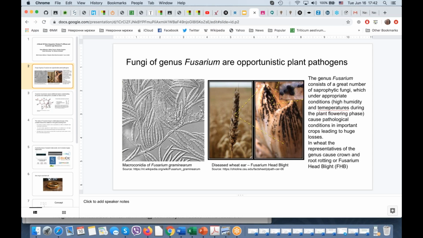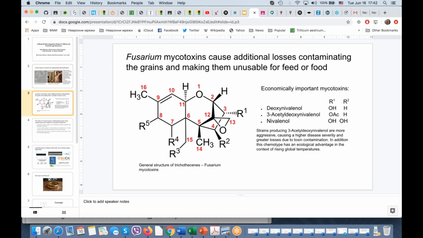So a few words about what we have taken as the initial material, data. This is the data about the Fusarium mycotoxins and what they contain, how they contaminate the grains, and how they make the cereals, the plants, unusable for food and feed.